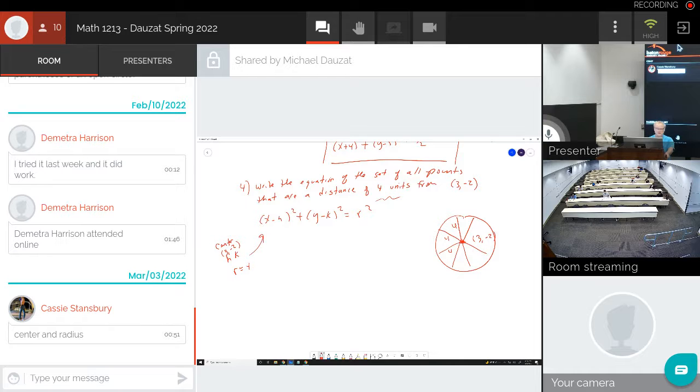And you just substitute all that into your equation. So you get x minus 3 squared plus y minus a negative 2 squared equal the radius, which is 4, but that has to be squared. And so therefore the answer will be x minus 3 squared plus y plus 2 squared equal, and then what, 16? And that's it.